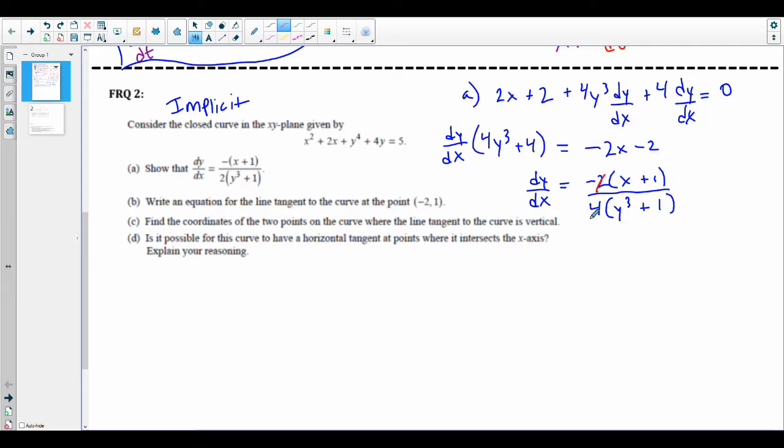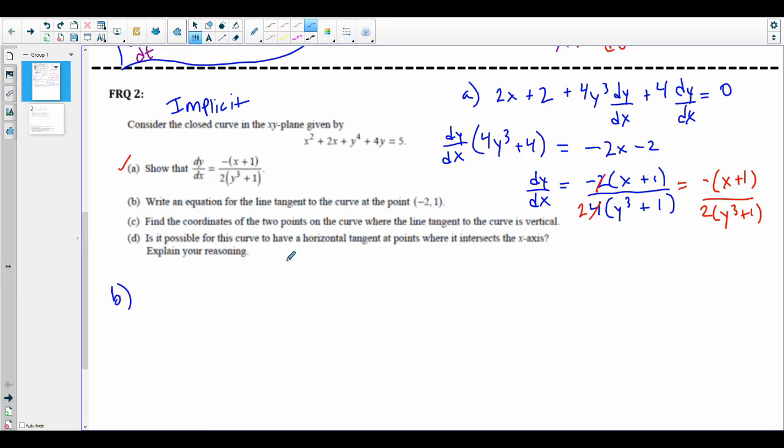Let's see, so that can go away. That becomes a 2. And hey, that's what we set out to prove, right? Mission accomplished. Cool, so that's part A. Part B.